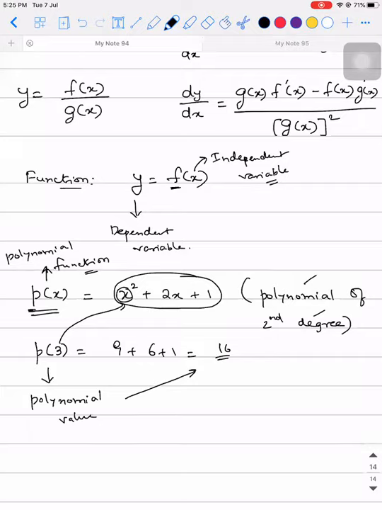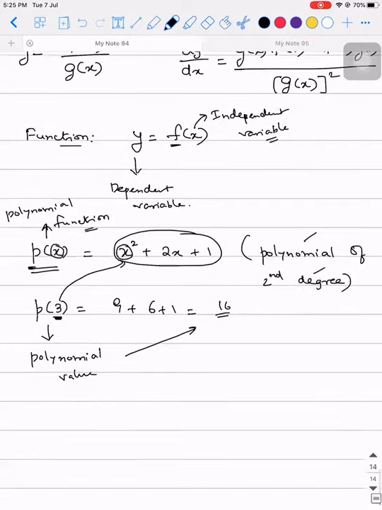I'm saying x is independent because I can substitute any value I want. It's not necessary I need to find only p of 3. Whatever number you say, I'm going to substitute it. So you are free to choose the number, and that number is substituted in the variable. Whatever is written inside this bracket will be the independent variable. The whole expression p of x will be the dependent variable. Are you able to understand this point? So this is a polynomial function.